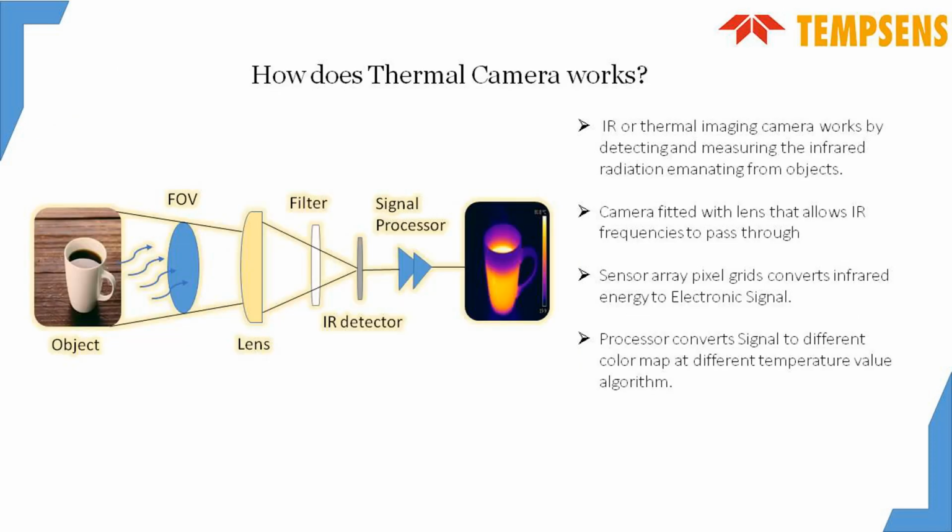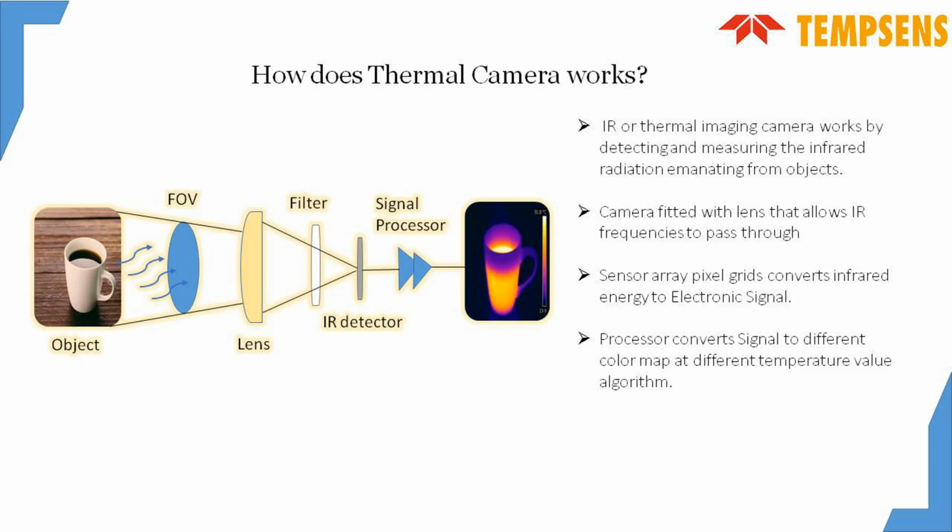Now, how does the thermal camera work? Thermal cameras have a lens which has a certain field of view. The property of the lens is to collect the infrared radiation emitted by the object onto an IR detector sensor.